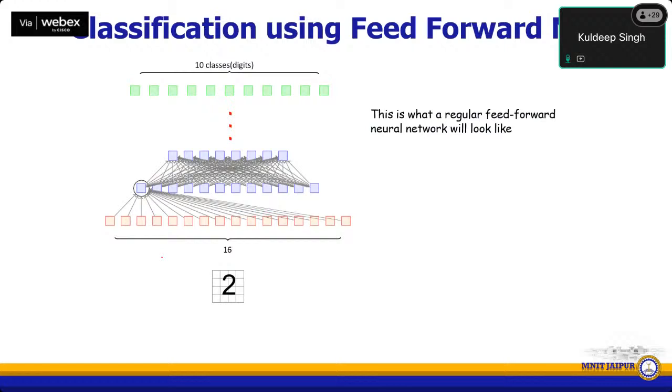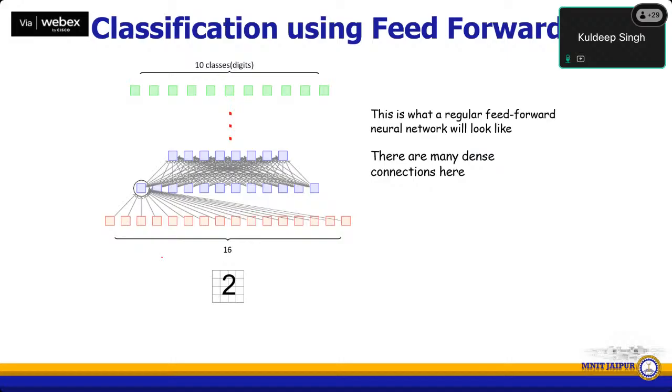This is the regular feed-forward neural network that we have seen earlier. There are many dense connections here, you can see, because each neuron in the previous layer is connected with all the neurons in the subsequent layer. And connection means we have weights and biases associated with that.